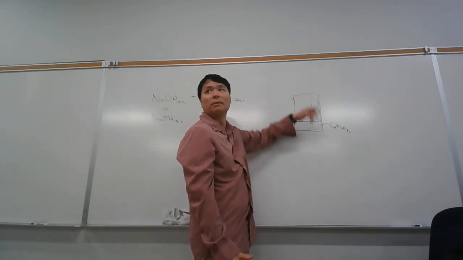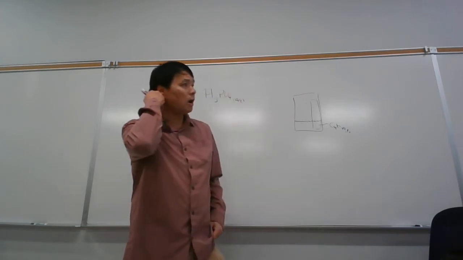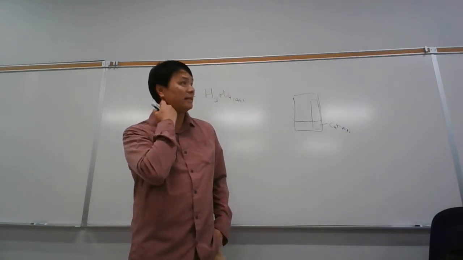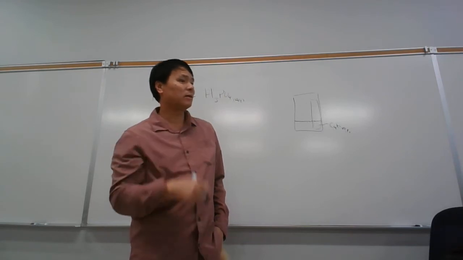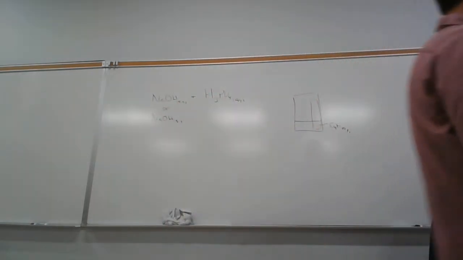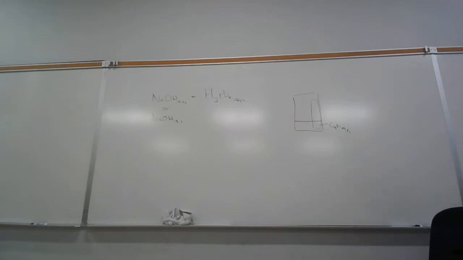But the common state of butane is liquid. It's just the boiling point of butane is very close to room temperature. So let's take a look at butane here. And normally when we do chemical reactions, we do it based on what's the most stable state under normal conditions.